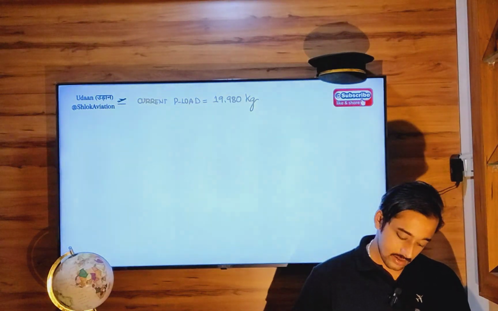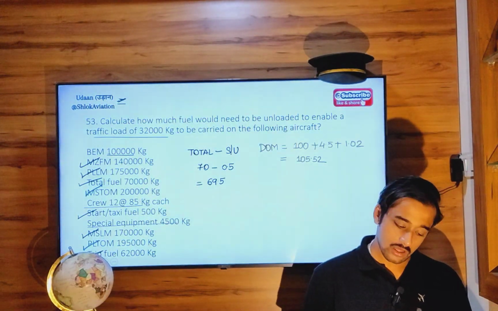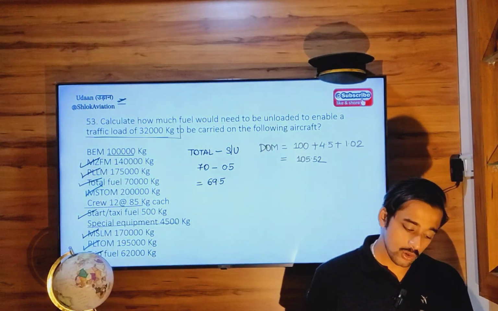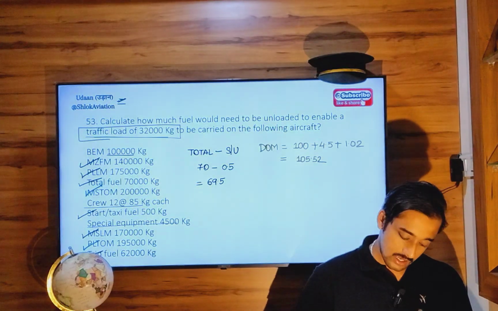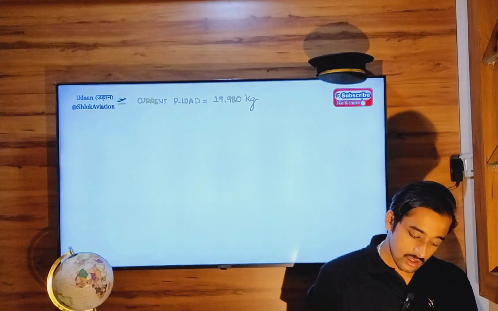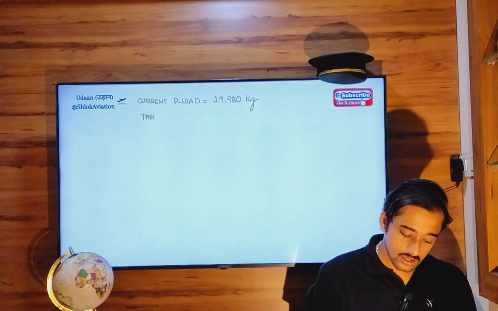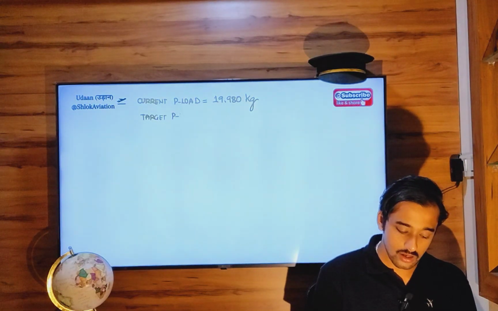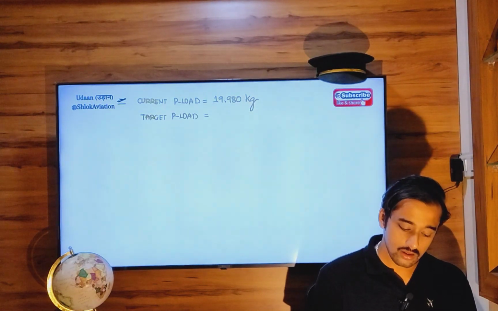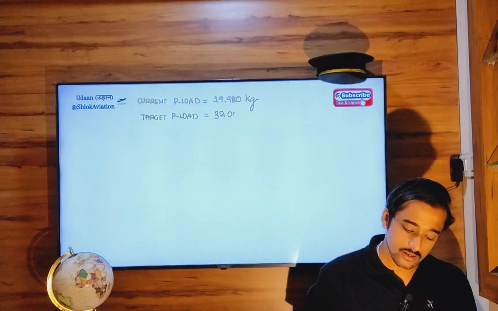We want to carry a traffic load of 32,000 kg, right? So our target payload is 32,000 kg.